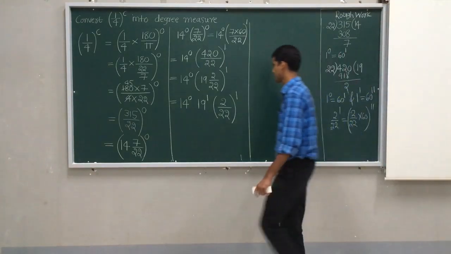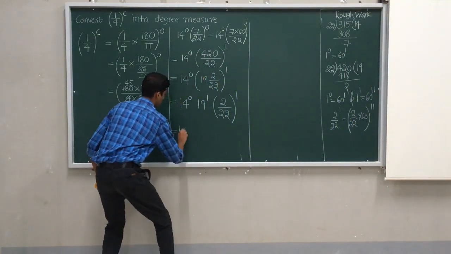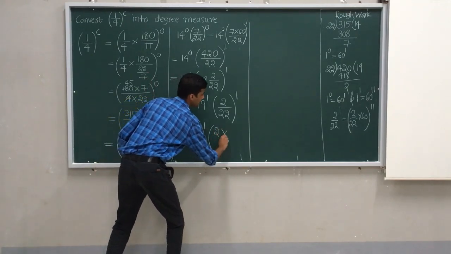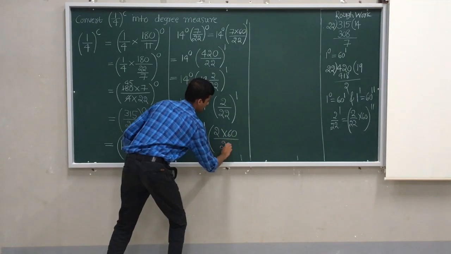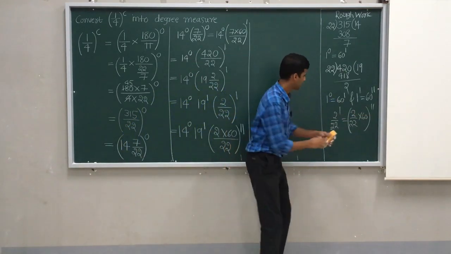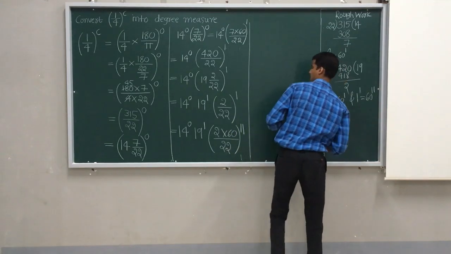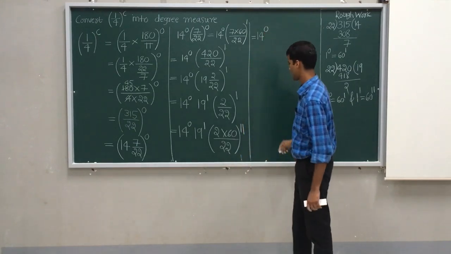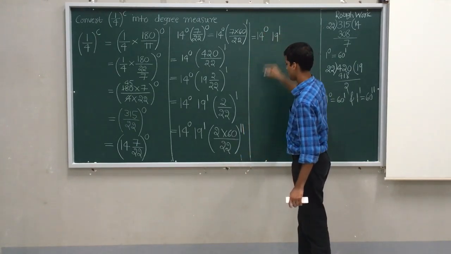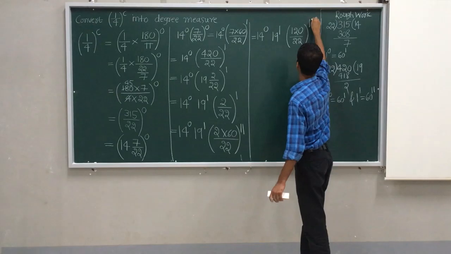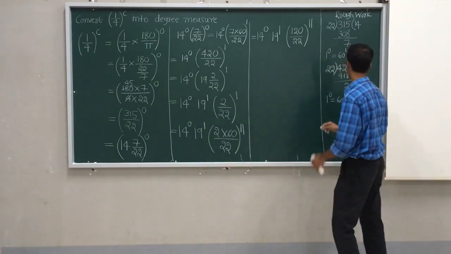So I got 14 degree 19 minutes 2 into 60 divided by 22 seconds. Therefore, my answer is 14 degree 19 minutes, 2 sixes are 12, 120 upon 22 seconds. Let me simplify this.